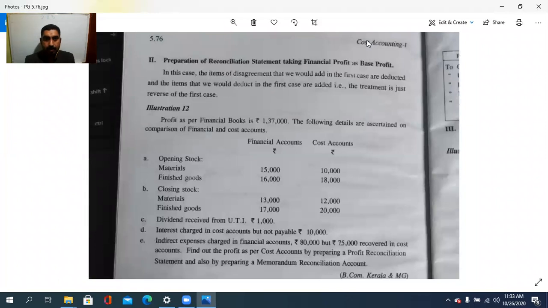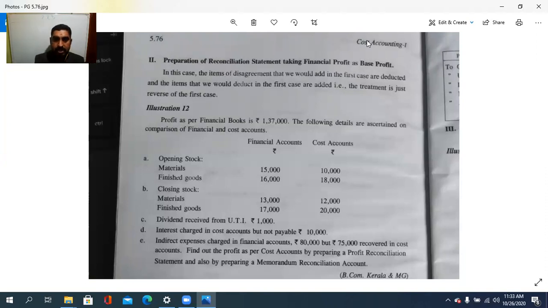Prepare a PRS, profit reconciliation statement, based on the following: profit as per financial books, and we need to reach finally the cost profit. So financial accounts, cost accounts. Opening stock, material 15, cost 10. Finished goods 16, 18. Closing stock, material 13, 12. Finished goods 17, 20.